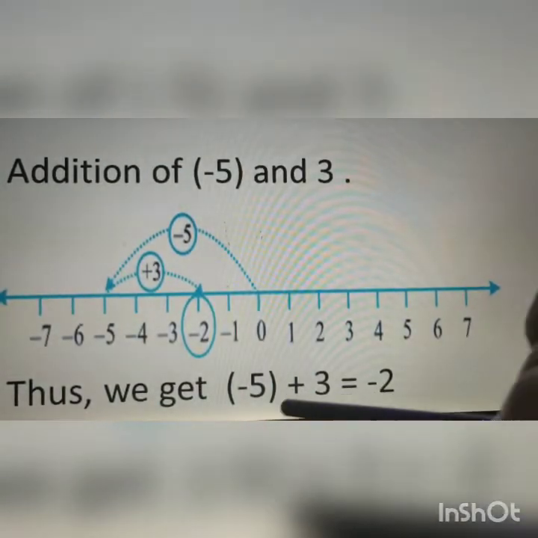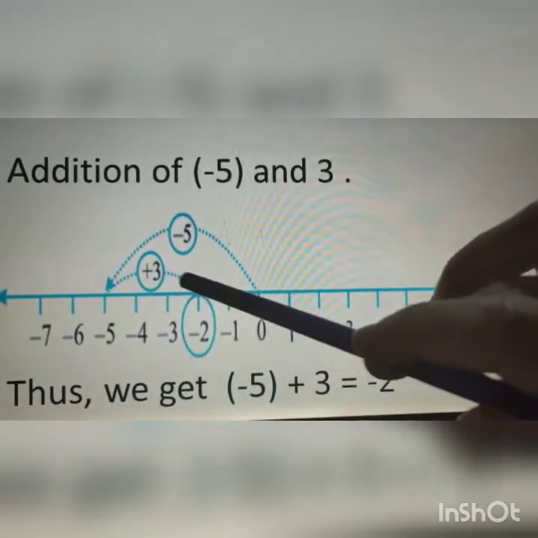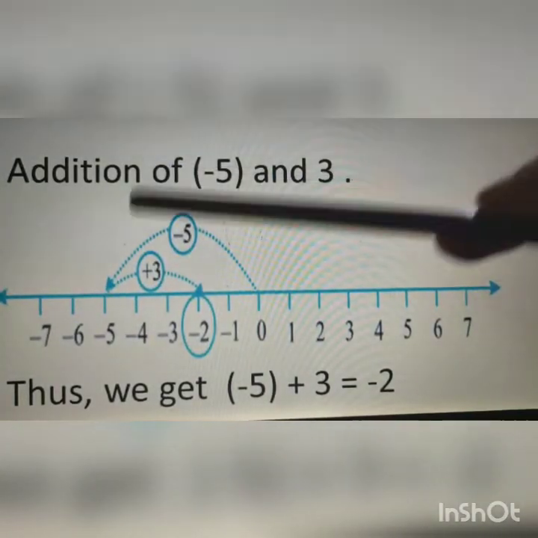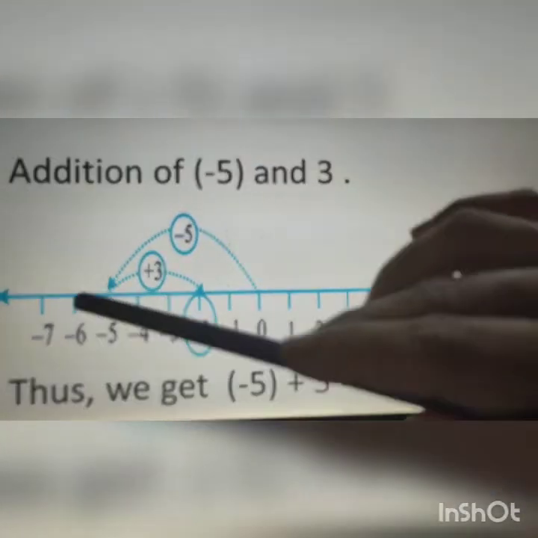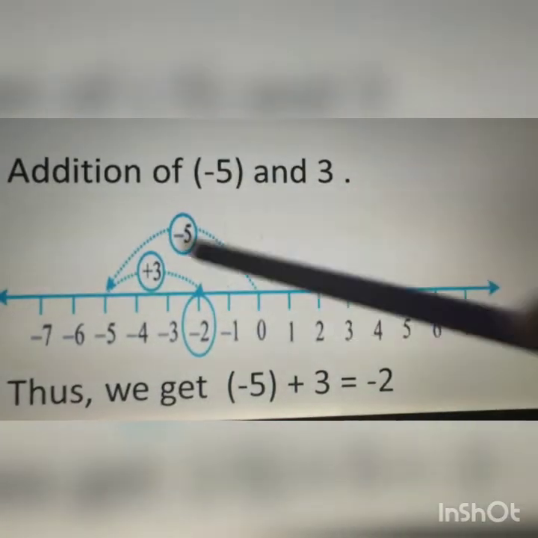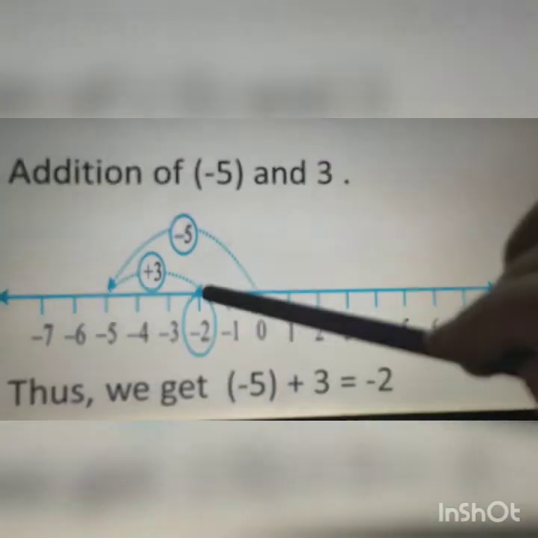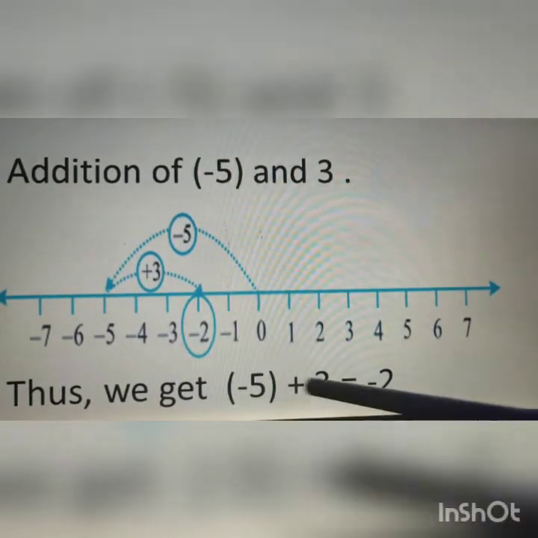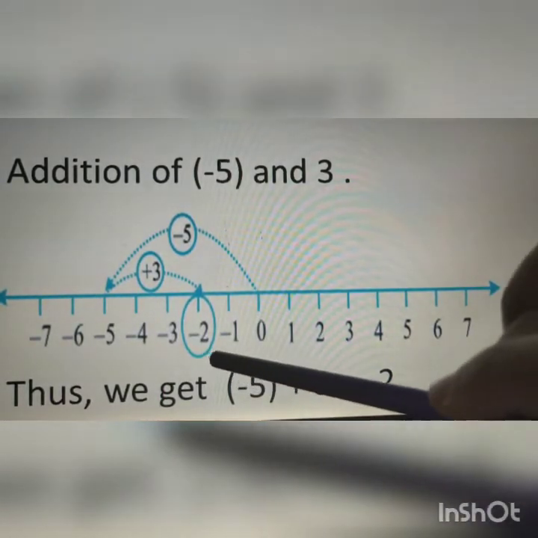Plus 3 means we have to move towards right. If plus, towards right; if minus, towards left we have to move. So from minus 5 we will move towards right 3 unit distance. 1, 2, 3 and reach minus 2. Thus we get minus 5 plus 3 is equal to minus 2.